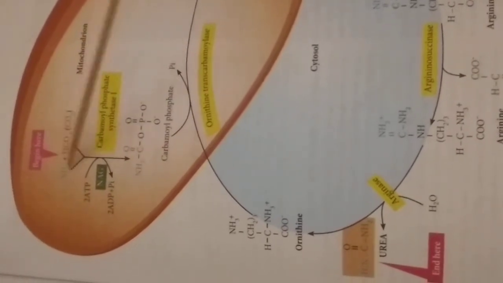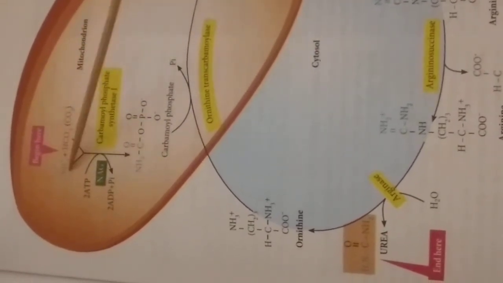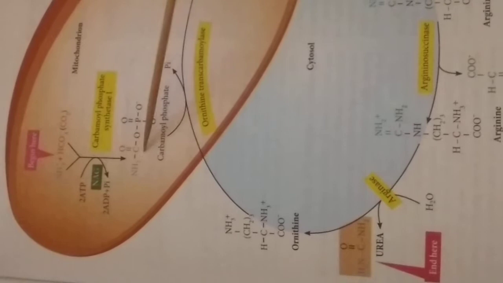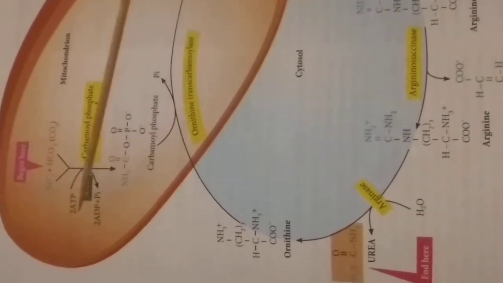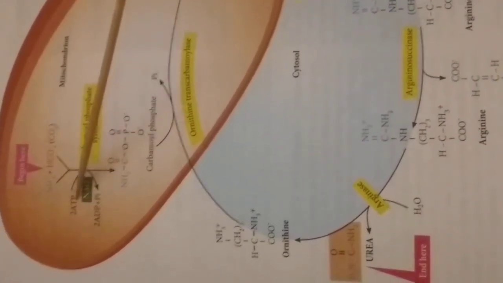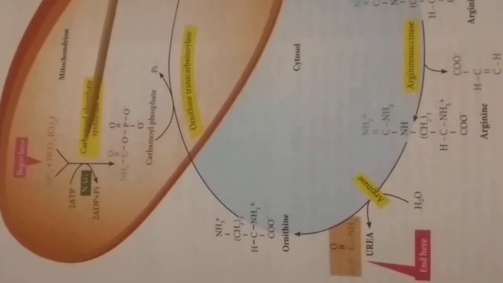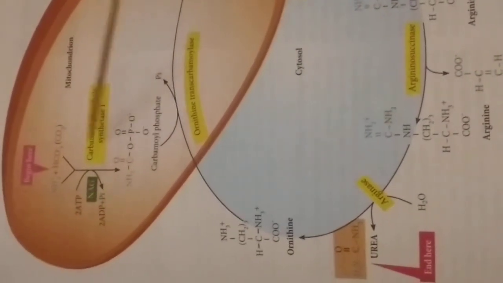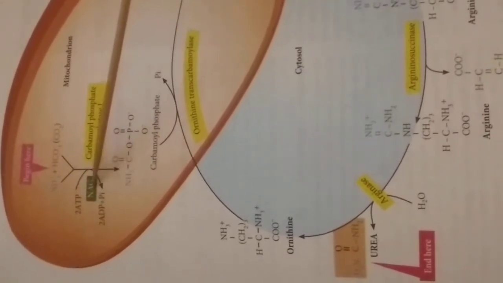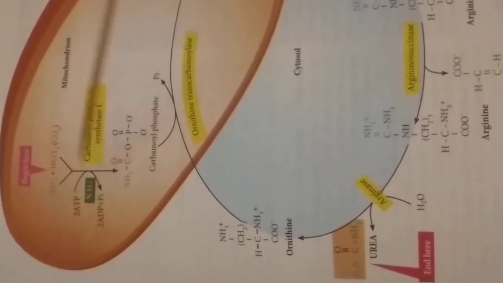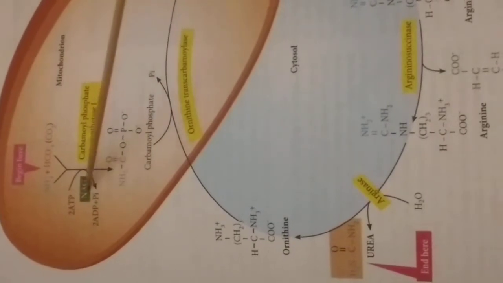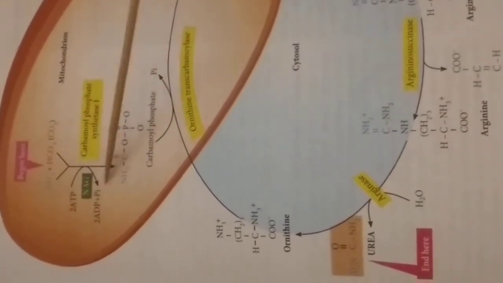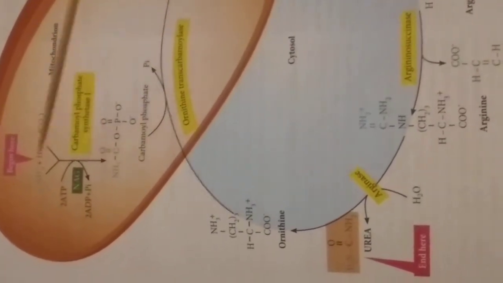This is carbamoyl group formation by combination of carbon dioxide and ammonia. You get this NH2 C double bond O. The phosphate group is released from 2 molecules of ATP, and the enzyme is called carbamoyl phosphate synthetase. This enzyme always needs the help of NAG, N-acetyl glutamate. Without this, the enzyme will not be activated. This is needed for this reaction, and it is an irreversible reaction.